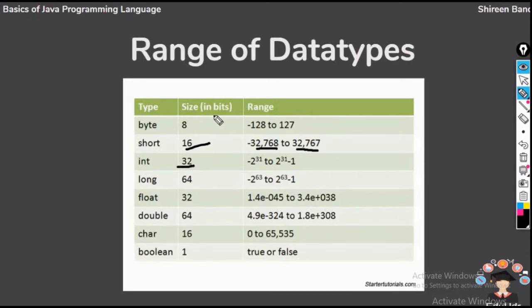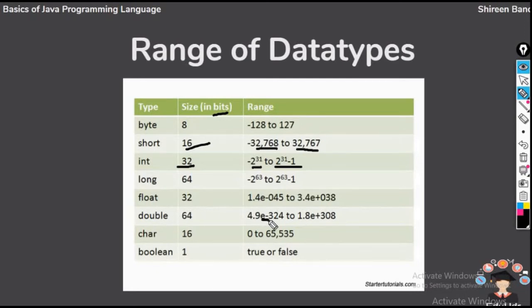I will explain these bits later. Till now just remember the different ranges available for the different data types. And int can store minus 2 power 31 to 2 power 31 minus 1, and long, float, and double can store different ranges.